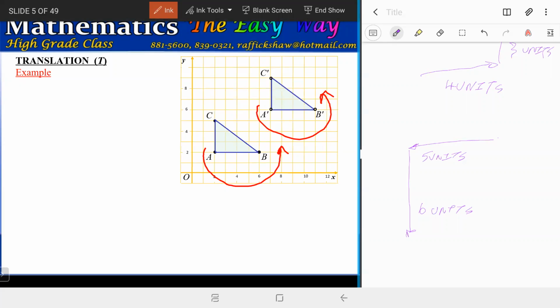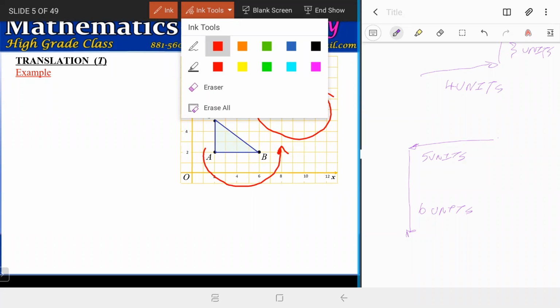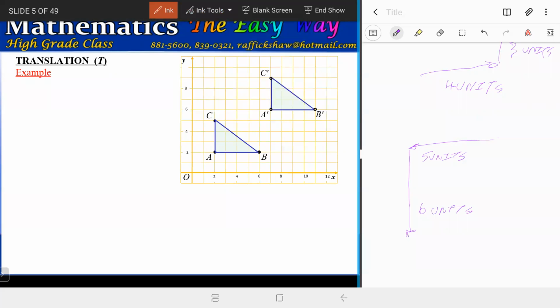There is no turning, because this AB is horizontal and this AB is still horizontal. This AC is vertical and this AC is still vertical. There's no change in orientation, no change in size, no turning. All that took place was the object moved from one location to another location.